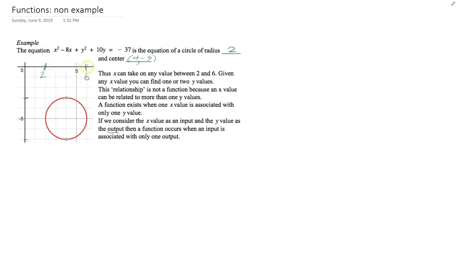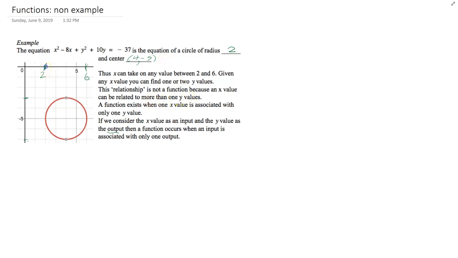These are the possible x values. This relation is not a function because you can have an x value that is related to more than one y value.